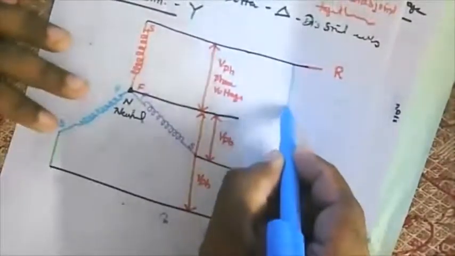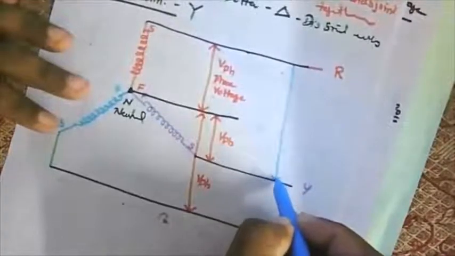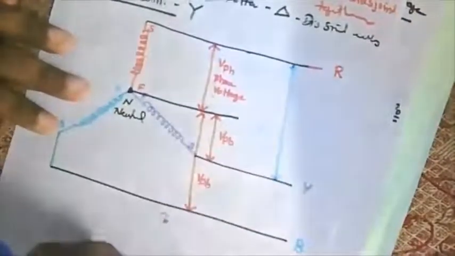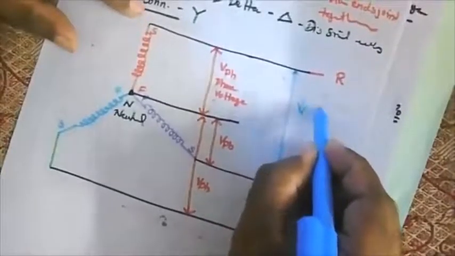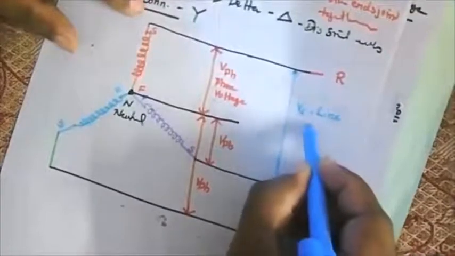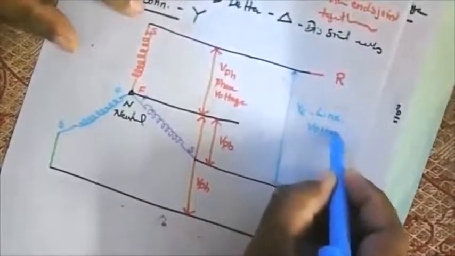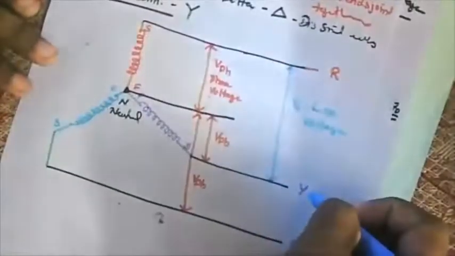If I measure a voltage in this one, what is that? Here, I am measuring a voltage between 2 coils. It is known as line voltage. Which are lines? R and Y.